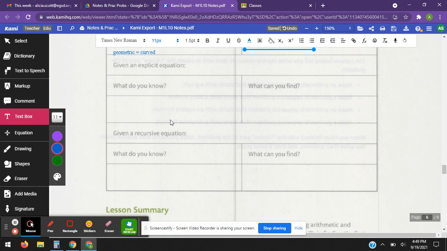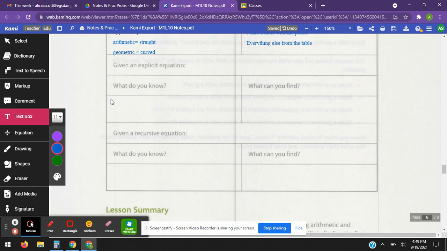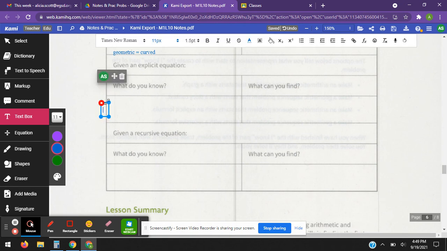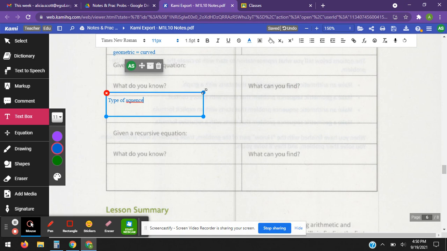All right, given an explicit equation, what do we know? Well, given an explicit, we know the type of sequence.